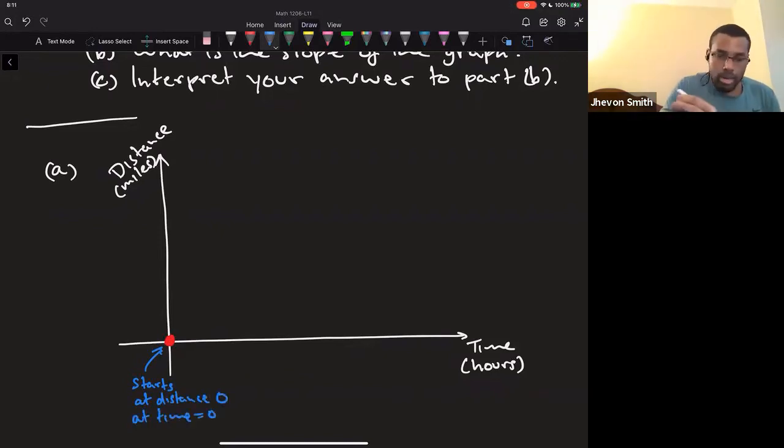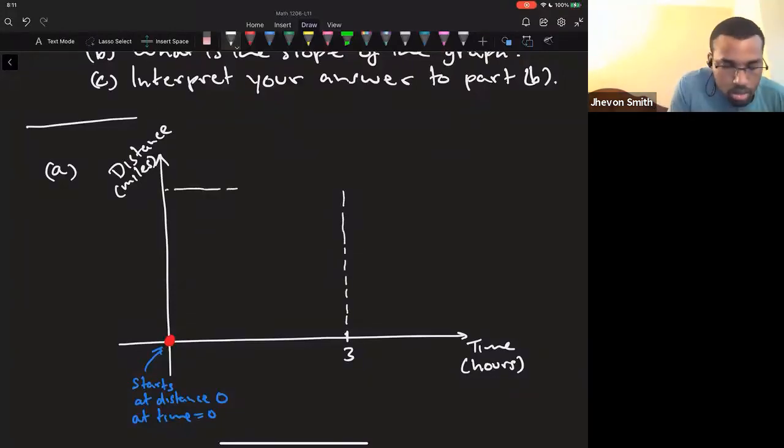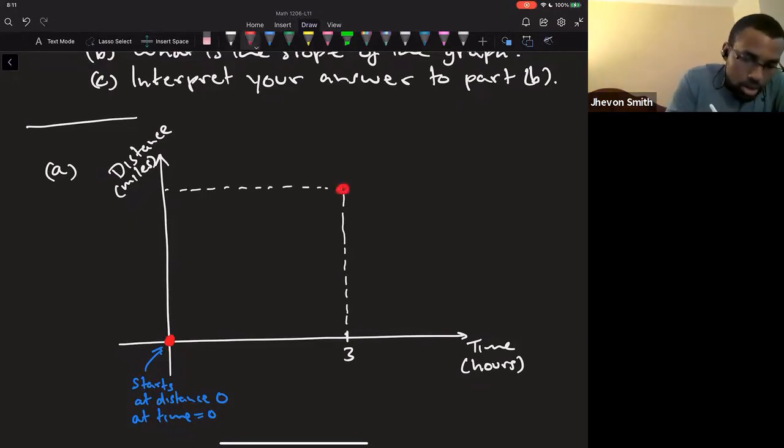Okay. And then we know eventually, after 3 hours, the distance is 150 miles. So that's the coordinate at 3 hours. So here is the 150.